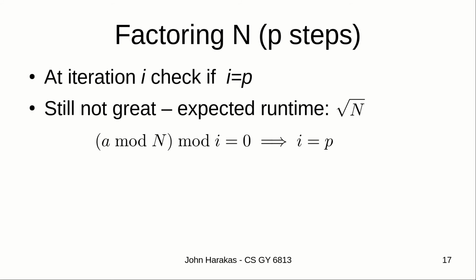If that's the case, most cells are going to go to 0. But this isn't great. You can do this with trial division just as well, and your expected runtime is going to be about the square root of n. You would expect that: square root of n times square root of n is n.